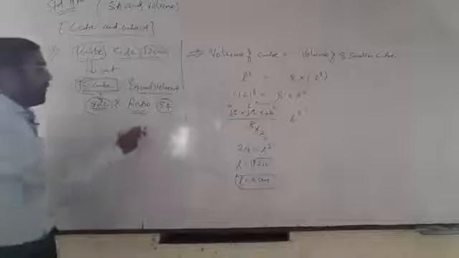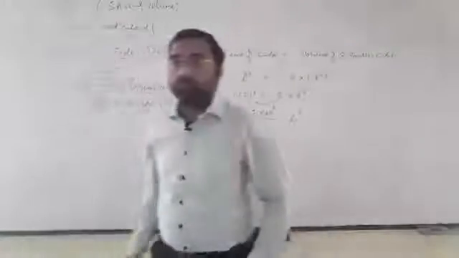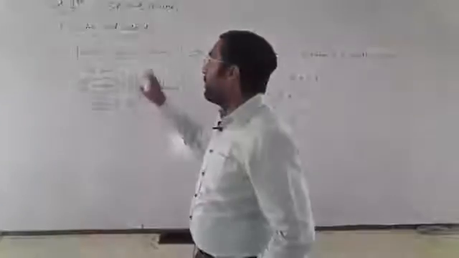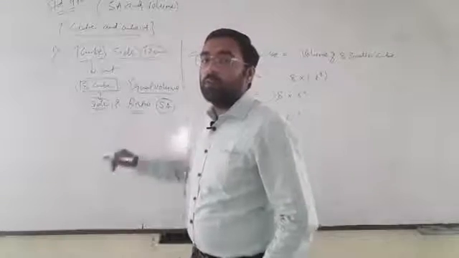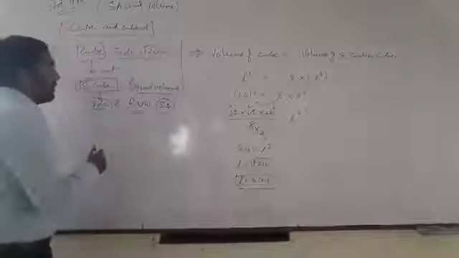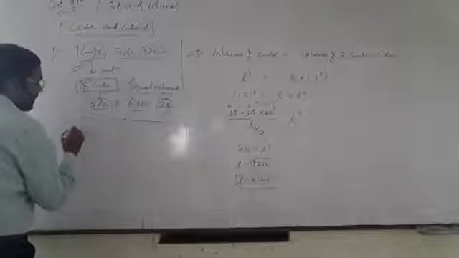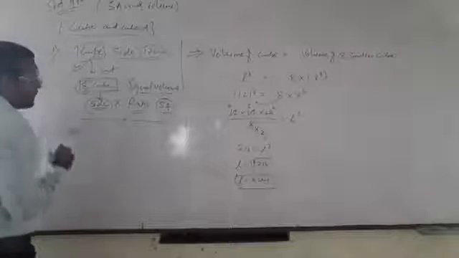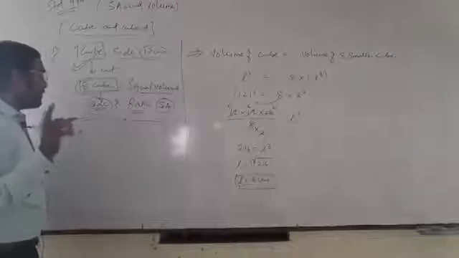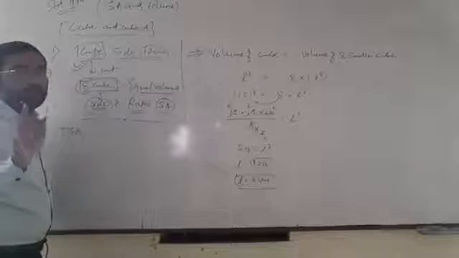Now I have to find the ratio of their surface areas. So for that I must take the surface area of both cubes. First I'll find the surface area of the bigger cube. Surface area means total surface area. I already told you students, whenever they ask for surface area, we must write total surface area.